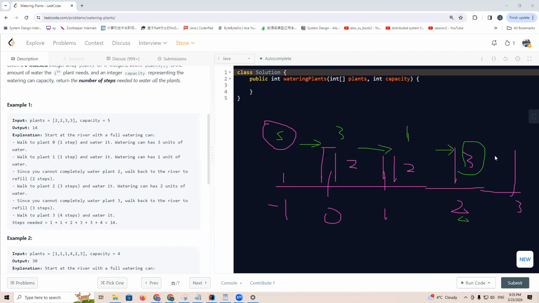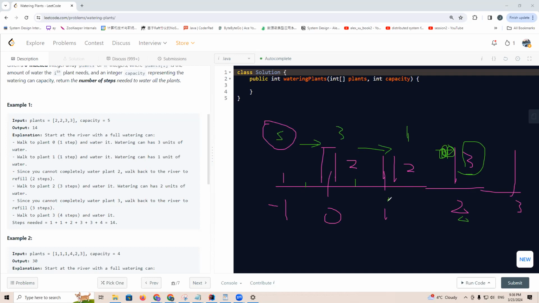He goes one step, one step, and he seems to know that water is not enough.